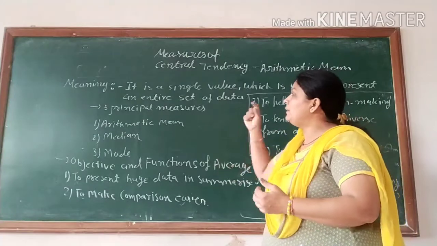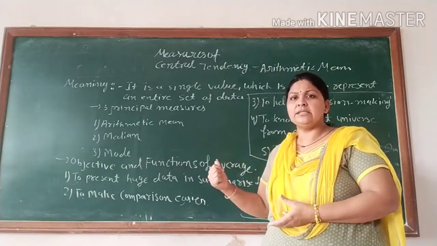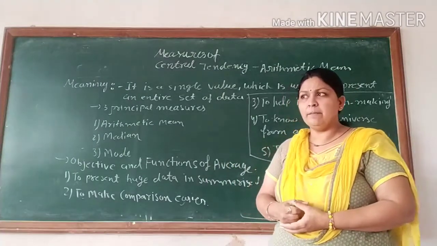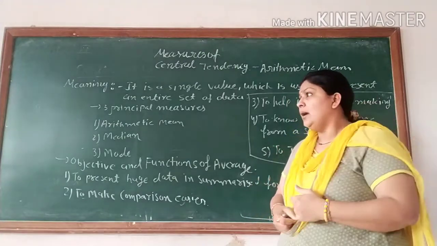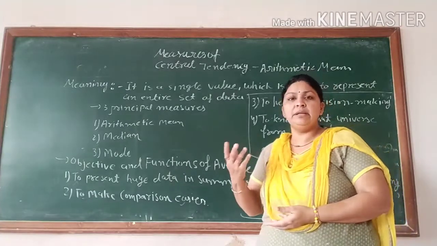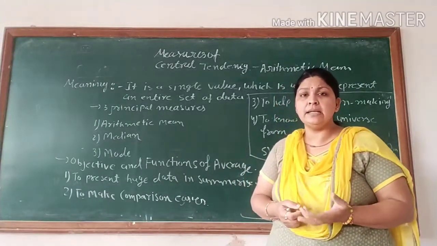So with the help of central tendency, we just learned in this chapter, according to the arithmetic mean, or we can say average method. Different parts of central tendency are mean, median and mode, and quartile, percentile, decile, and many more.